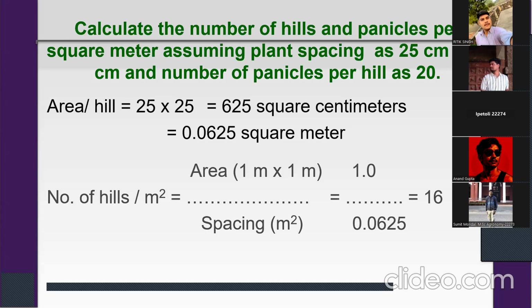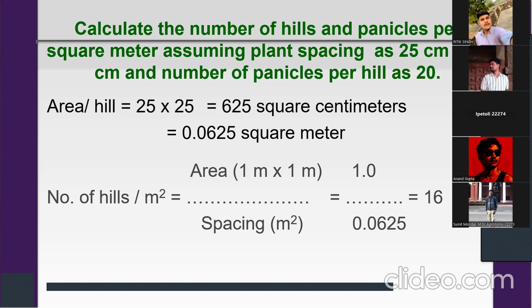So what will be the answer? 16,000. No, 16,000. Do it again. After 16, put four zeros. Please speak. 1,60,000. Correct.